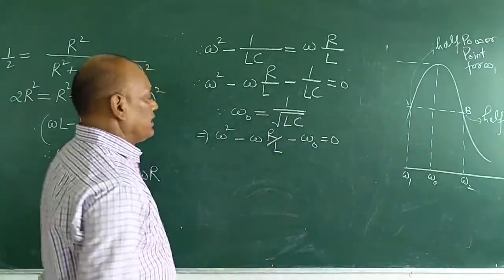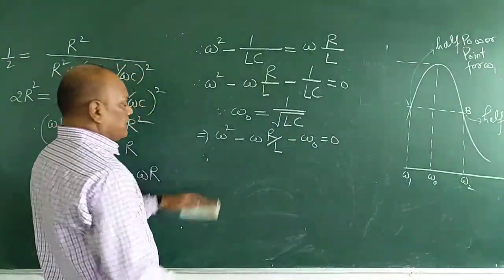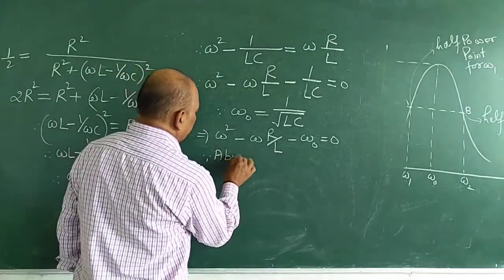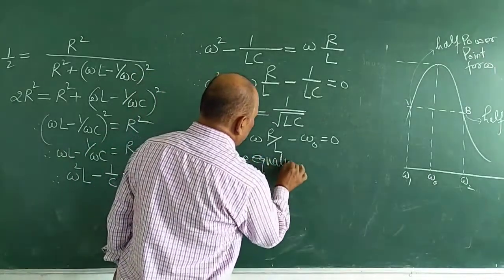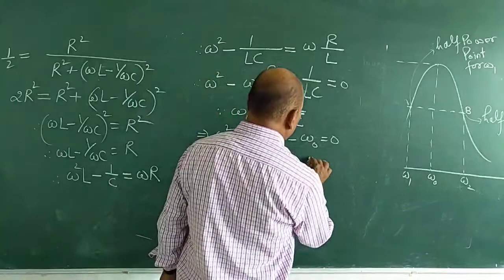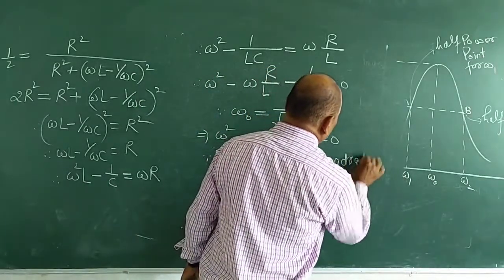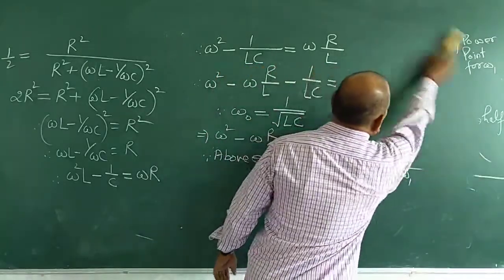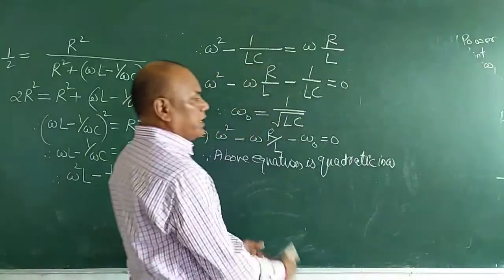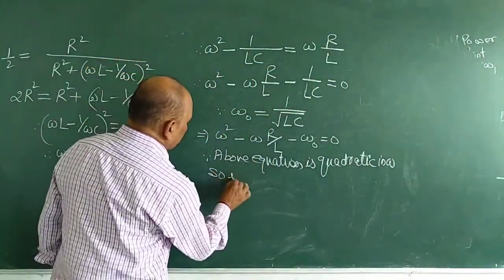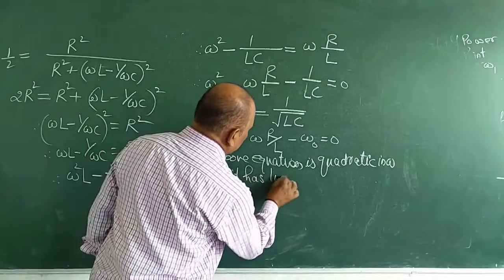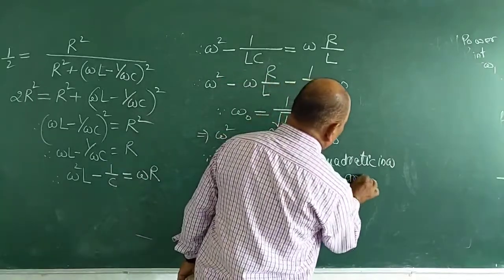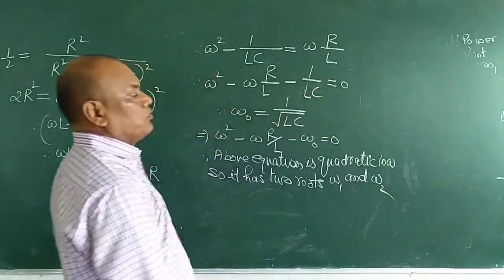This is the equation. Since the above equation is quadratic in omega, it has 2 roots, omega 1 and omega 2.